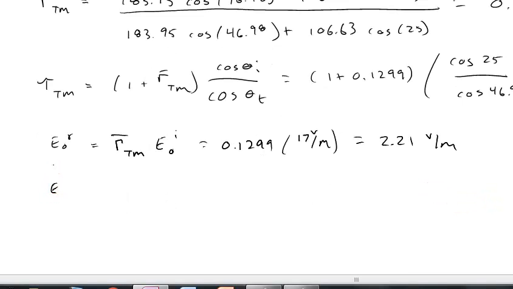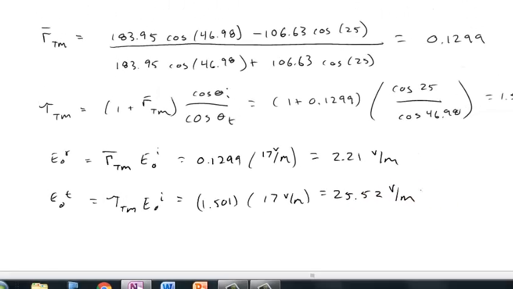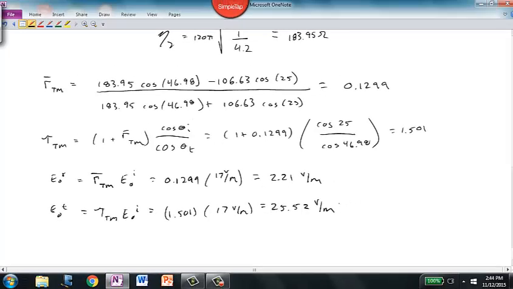And then the magnitude and phase of the initial value of the transmitted wave is equal to tau TM times E0I, which is 1.501 times 17 volts per meter, equals 25.52 volts per meter. So interesting conclusion there.